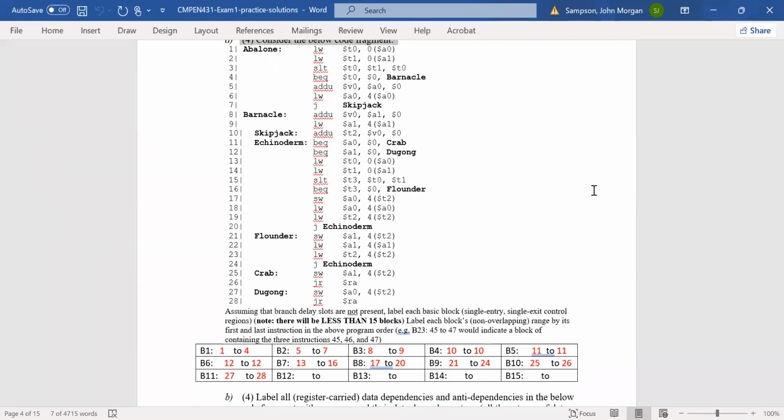Not going to worry about where that goes. And 27 to 28, second verse, same as the first.